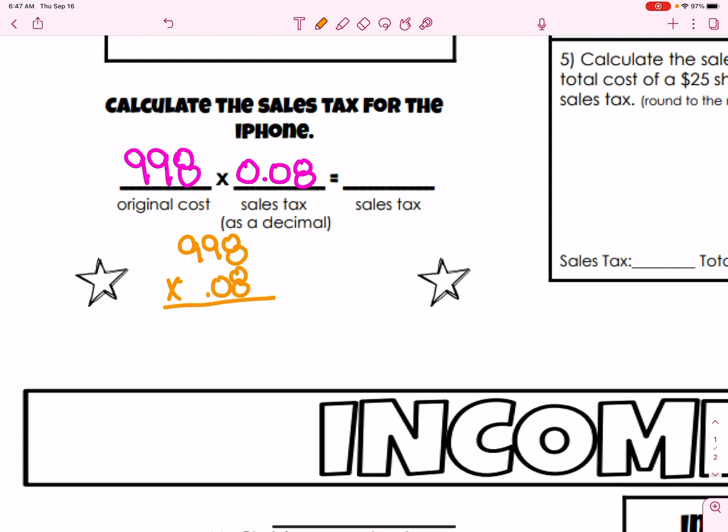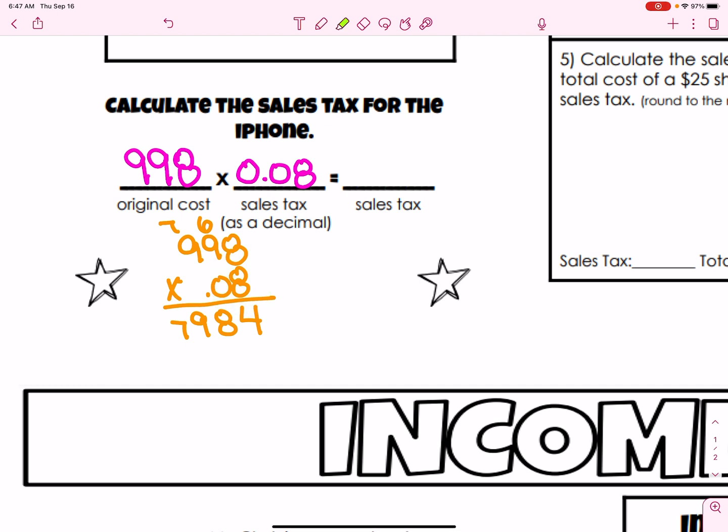0.08. 8 times 8 is 64. 8 times 9 is 72. Plus 6 is 78. 8 times 9 again is 72. Plus 7 is 79.